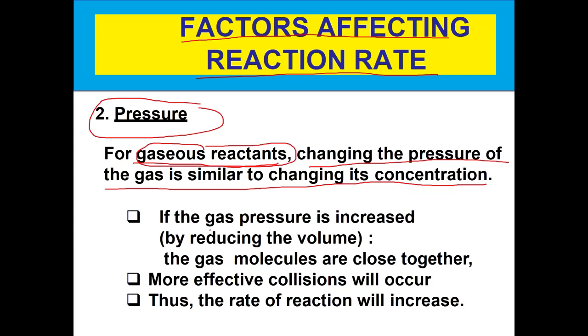If the gas pressure is increased, the volume will be reduced. When the volume is reduced, the gas molecules are close together, so more effective collisions will occur. That means the rate of reaction will increase.